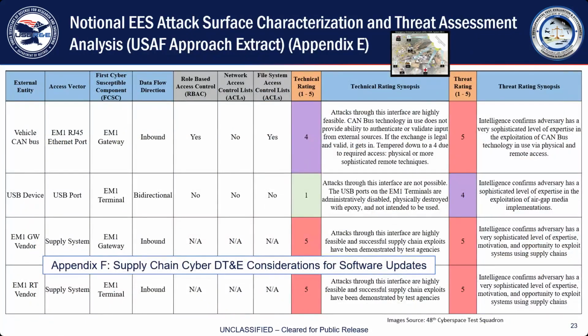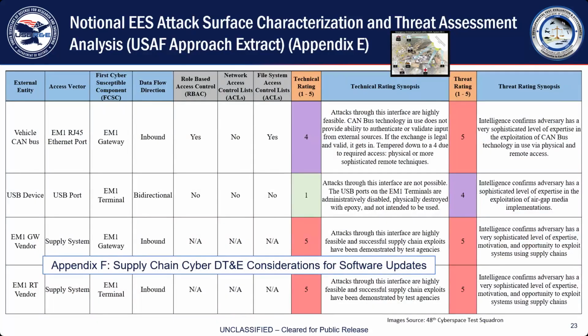Okay, this is an extract from the Air Force's work again for characterizing the attack surface. This is also input to the mission-based cyber risk assessment. And I've extracted a portion of it here where I wanted to focus on some key pieces.